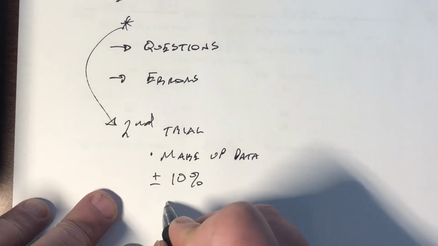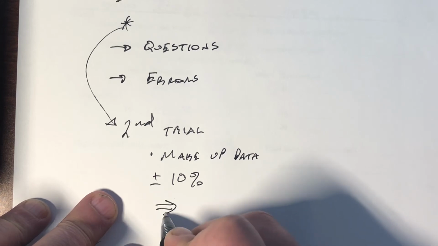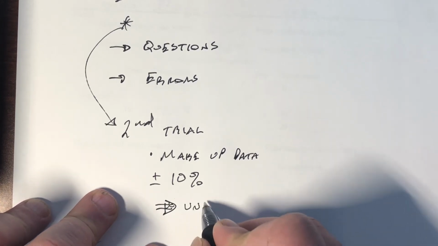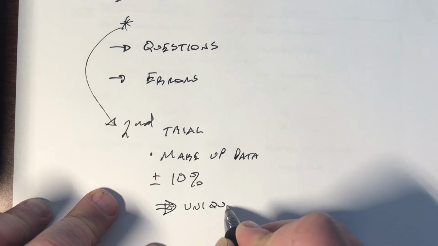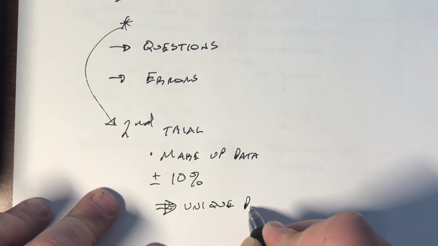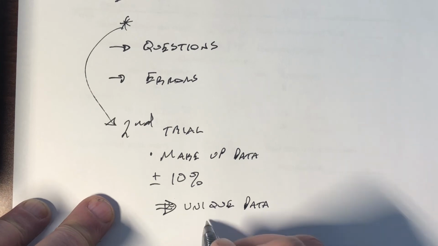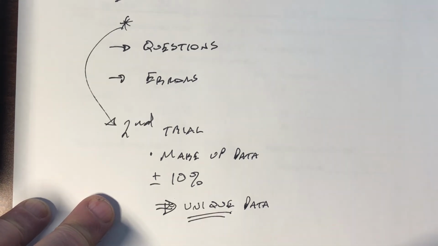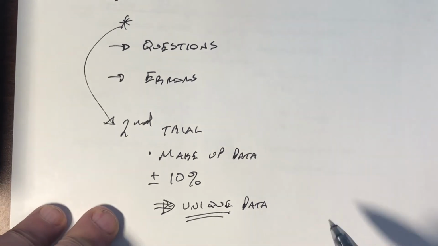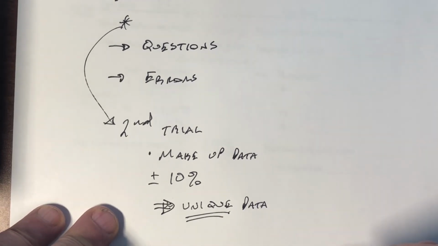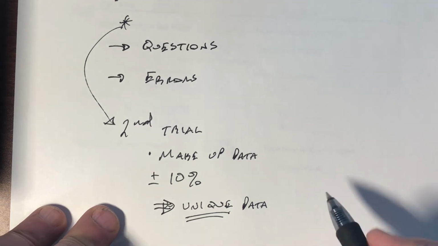What this means is that everybody should have unique data and thus results for trial 2. So if you've got a friend in the class, talk about it, figure out the meaning of life and all that, but make sure your calculations and your data are yours and yours alone.